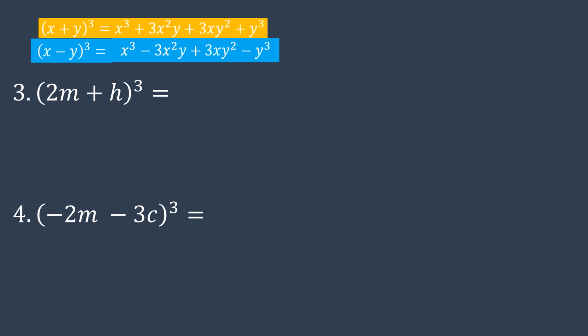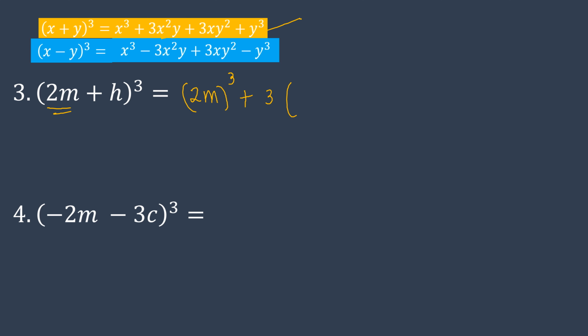Okay, let us proceed now to the second one. So this time, it is a plus. So since it's a plus, therefore, we are going to follow this one. Okay, so x refers to our first term, 2m cube, plus thrice of what? X squared is our first term being squared, and then write the second term.